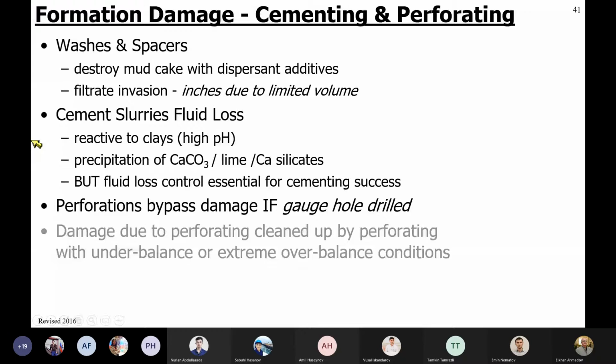and so the contact with the reservoir is open, and fluid invasion will start. However, this invasion will not be so deep because of the limited volume of the injections, because we inject just to clean the wellbore.